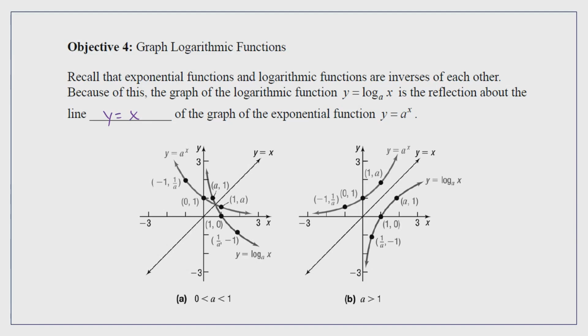So we have here our exponential function y equals a to the power x and our logarithmic function, which is the inverse of that. And over here we have the same thing, very similar, except this is for when a is greater than 1, so it looks a little different.